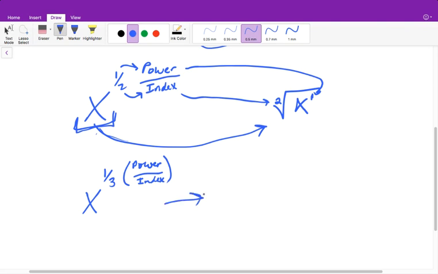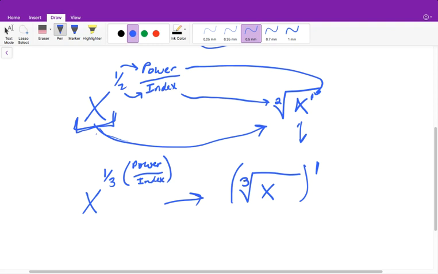So if we want to rewrite this as a radical, we first draw a radical sign, we rewrite our base inside our radical, and then we can raise it to the power like we did here, or we can re-raise the entire radical as the power. Either way, it's the exact same thing. And then our index is what we write inside of our radical. So this is telling us we're taking the third root, or the cubed root of this number.